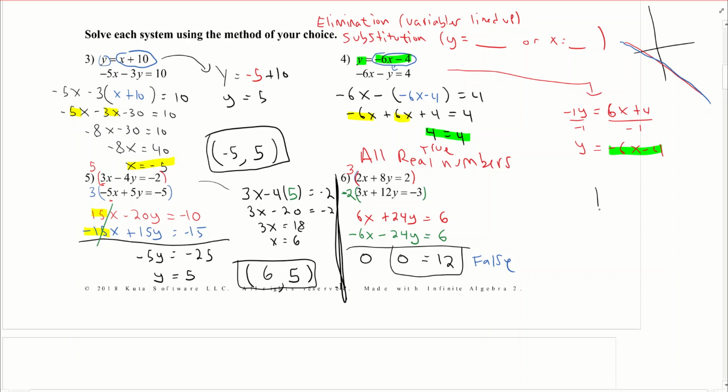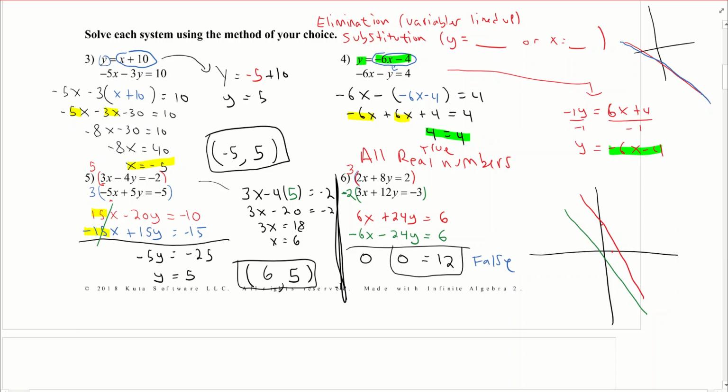And so what's happening here is if you graph both these lines, you might get the red line like this, something like that, and the green line might look something like this. And they are actually parallel lines, right?